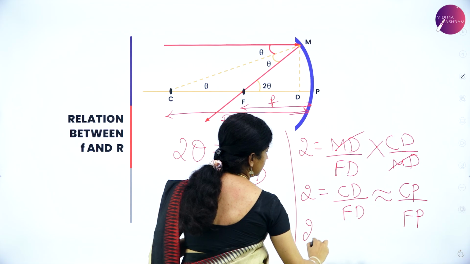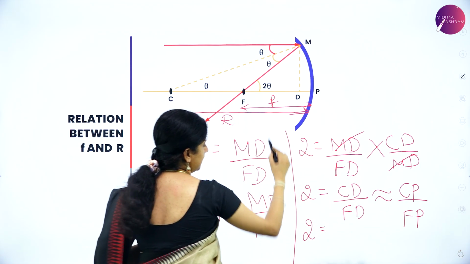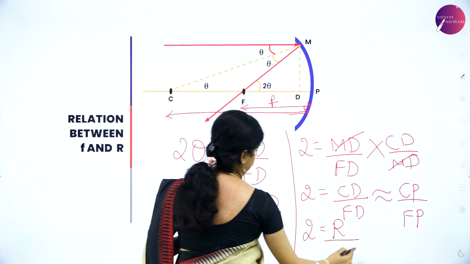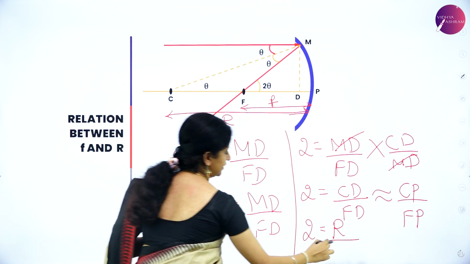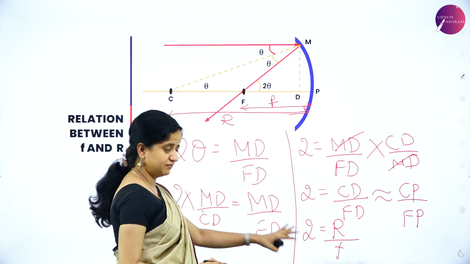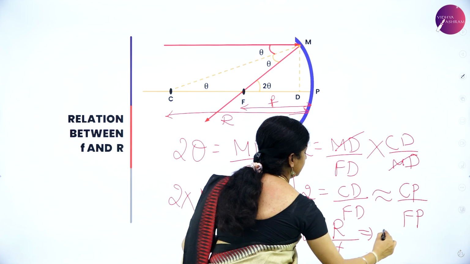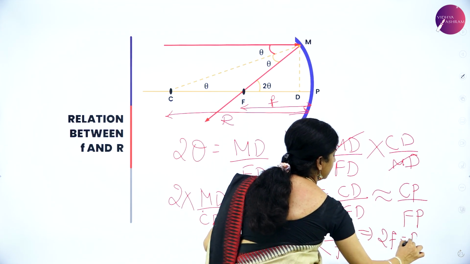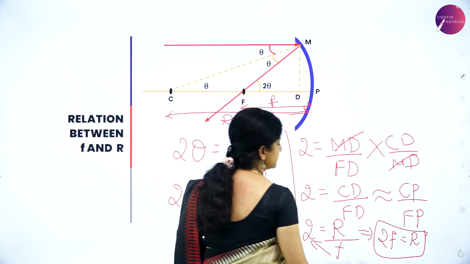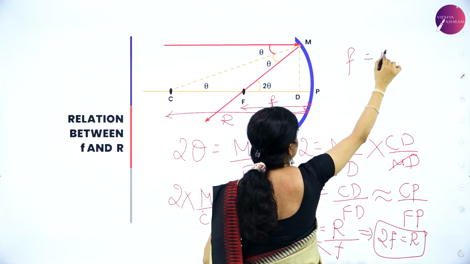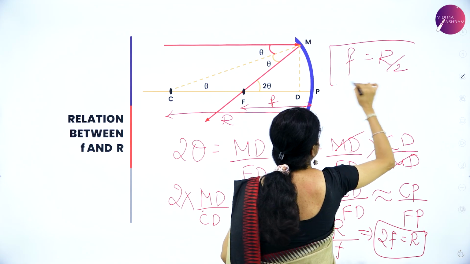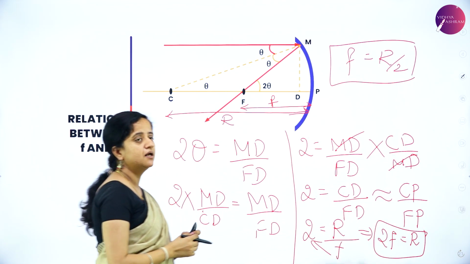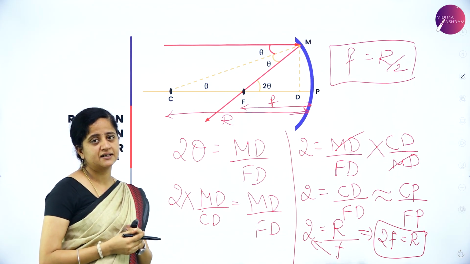Now we get 2 is equal to, in place of CP, I am substituting R, and in place of FP, I am substituting f. So from this, we can write 2f is equal to R, or we can even write it as f is equal to R by 2. This is the relationship between the focal length and radius of curvature.